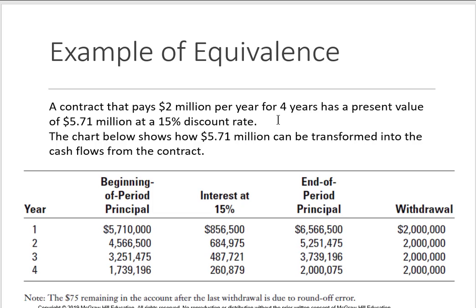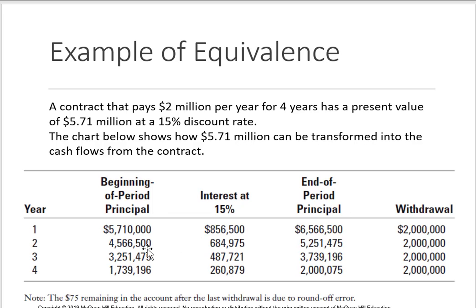So the question here is, look, 5.7 million, that's the cost. You're going to withdraw $2 million a year, but you're also going to make money on the investment. So you invest $5.7 million, it earns $856,000. So the end of period principal then is 5.7 plus 856,000 minus 2 million.